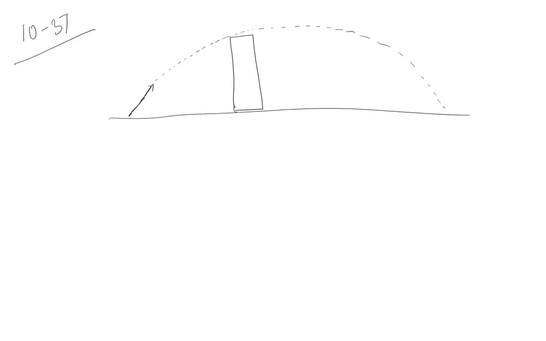A building is 50 feet tall, and a ball is thrown such that it should barely clear this 50-foot tall building. So this is 50.